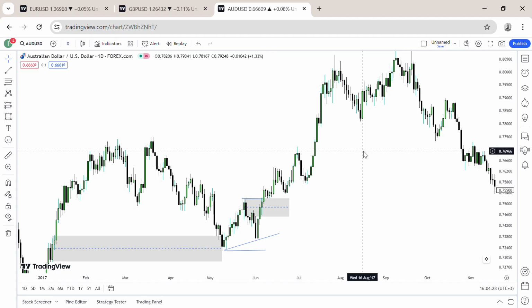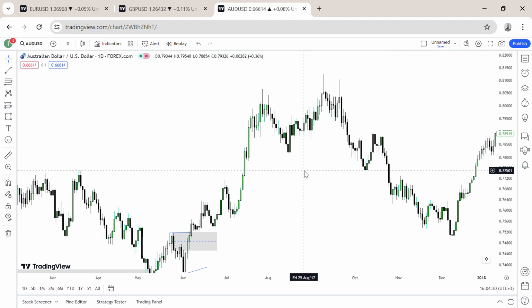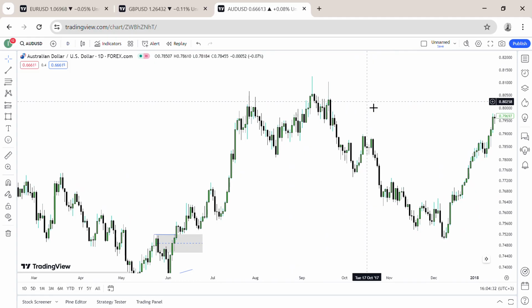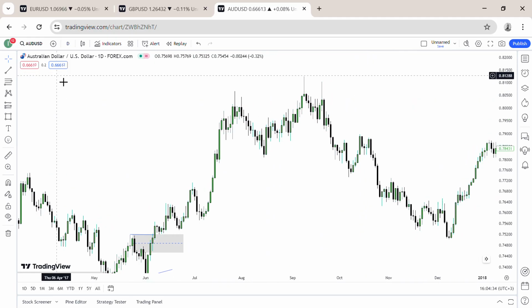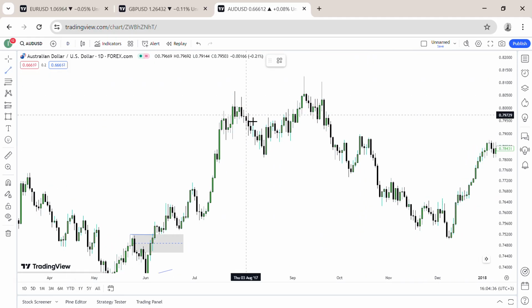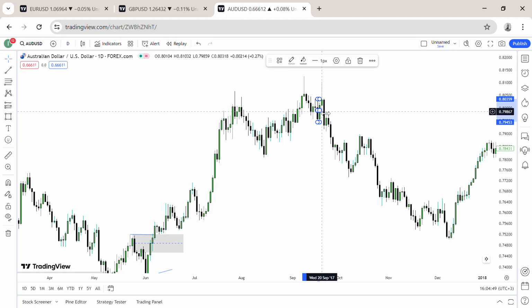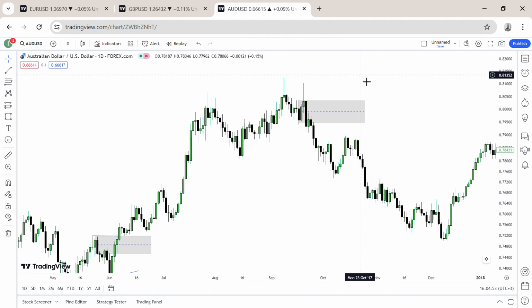Okay, a new high. For example, in this case, if you can consider this one, this for me is another mitigation block. Okay, that's another mitigation block.